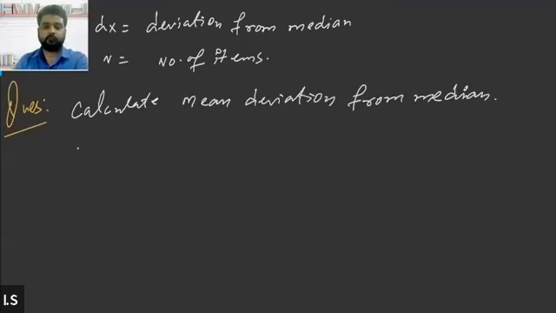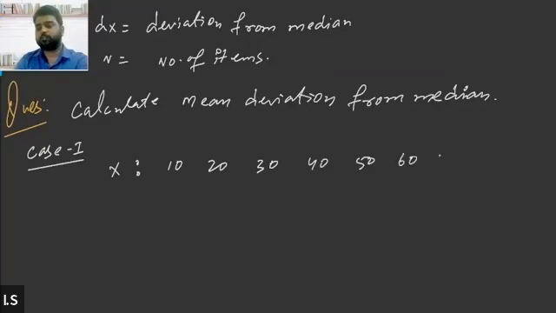Case 1 is regarding the individual series, wherein the items are given to you. Let's suppose 10, 20, 30, 40, 50, 60, 70. All right. So let's keep it till 70 only.